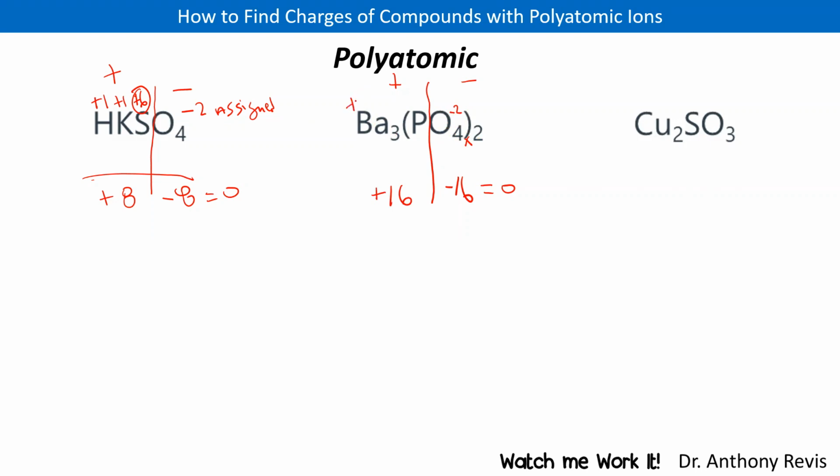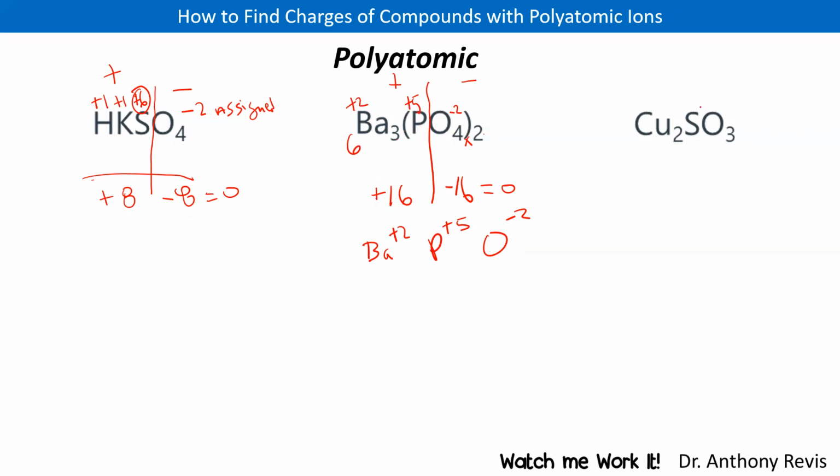So I'm going to assign that a +2. And I notice right away I have 2 times 3 gives me 6. So I need 10 because it's 16 minus 6. And what I observe is I have 2 times phosphorus. In order to get 10, this must be a +5. Therefore, my charges are barium with a +2, phosphorus with a +5, and oxygen with a -2.